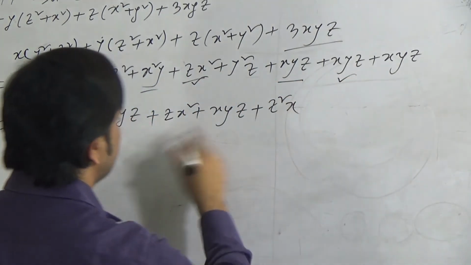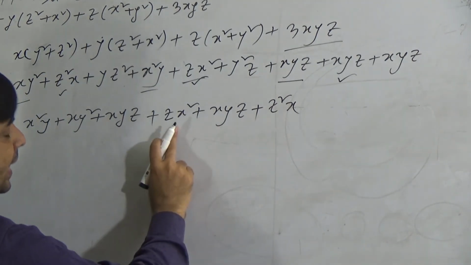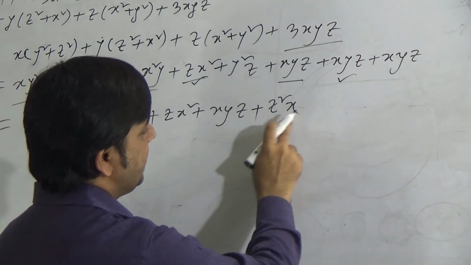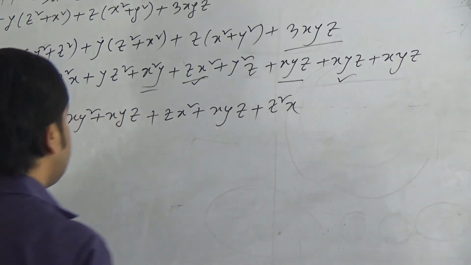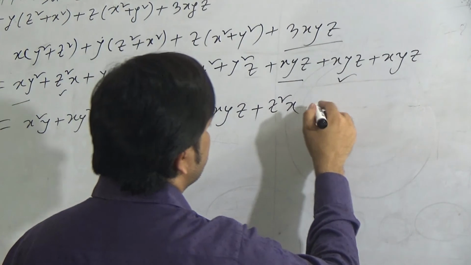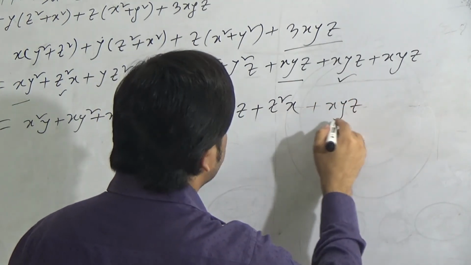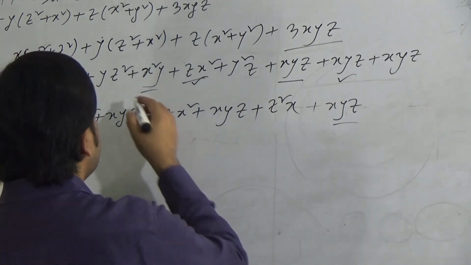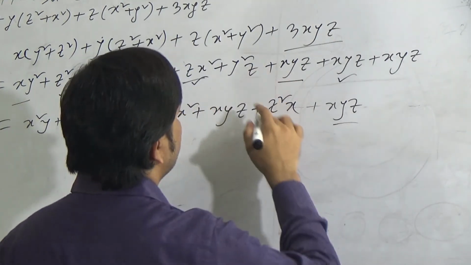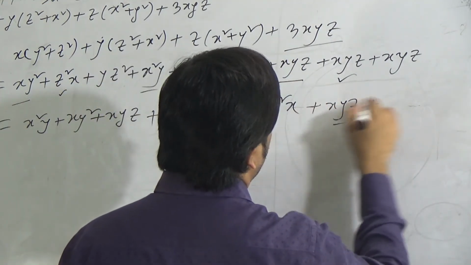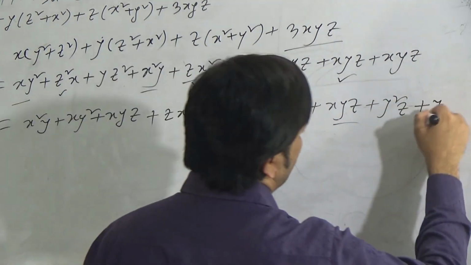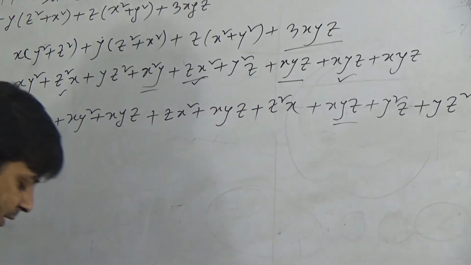Now from these 3 terms we can take zx as common, x will remain here, y will remain here, and z will remain here. So the next 3 terms remaining here are yz square, then y square z, then xyz. So at first take xyz, so that after taking yz we can get x, then after taking yz we can get y from y square z, and the last term, yz square. So I have arranged using this technique.